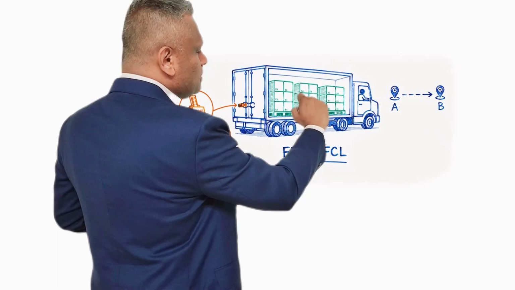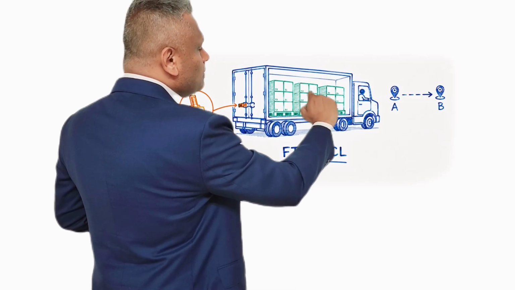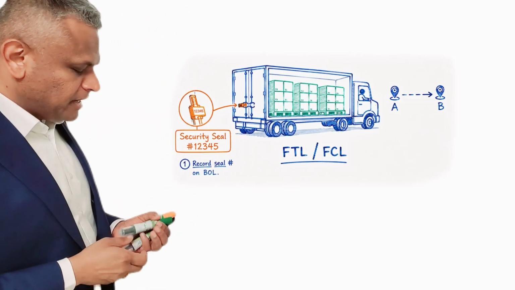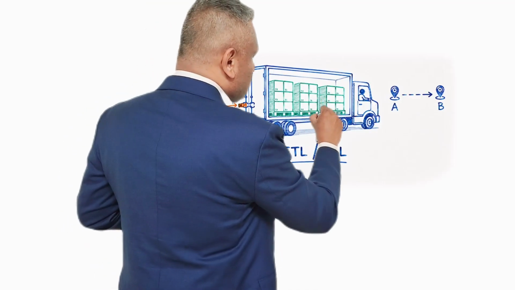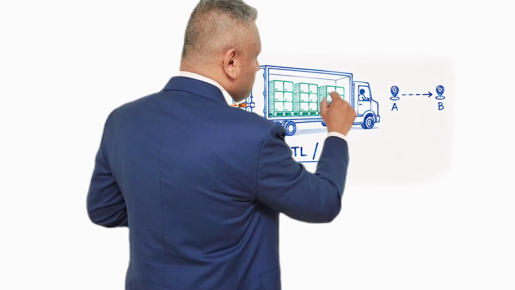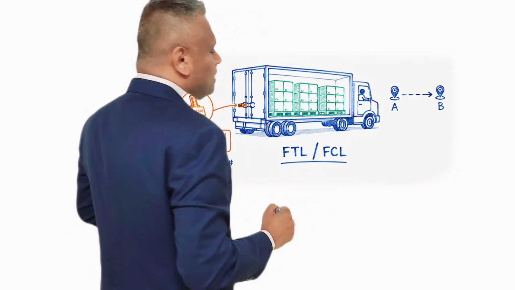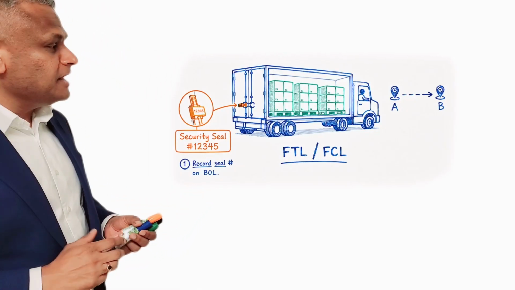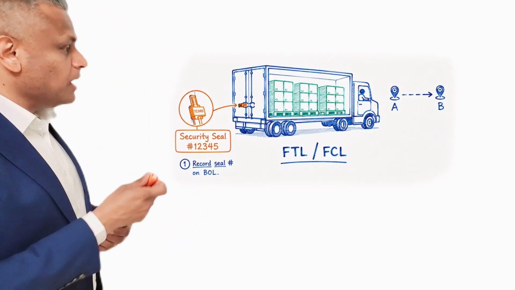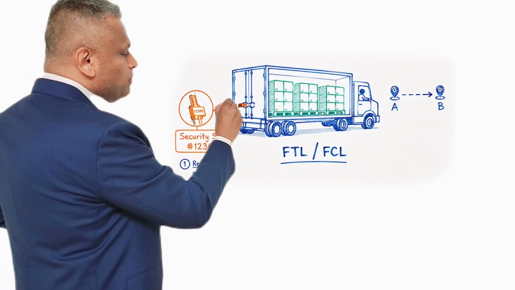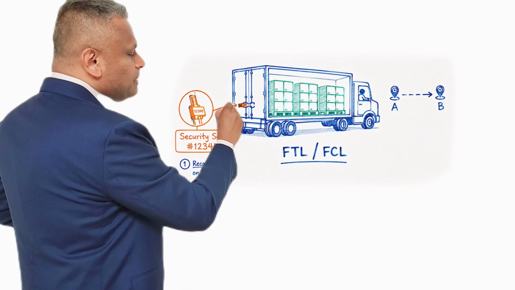Let's say this is our stickman driver here, and he's driving the truck. So when your customer is complaining, what you can do is apply a seal here. You basically lock it, and then apply a seal.